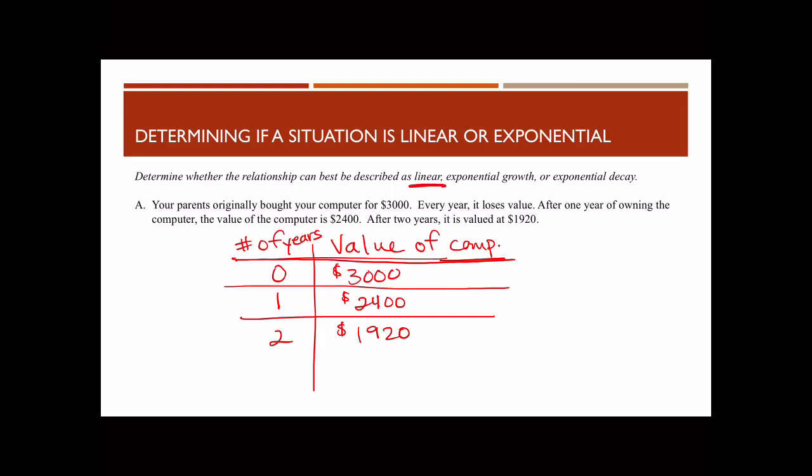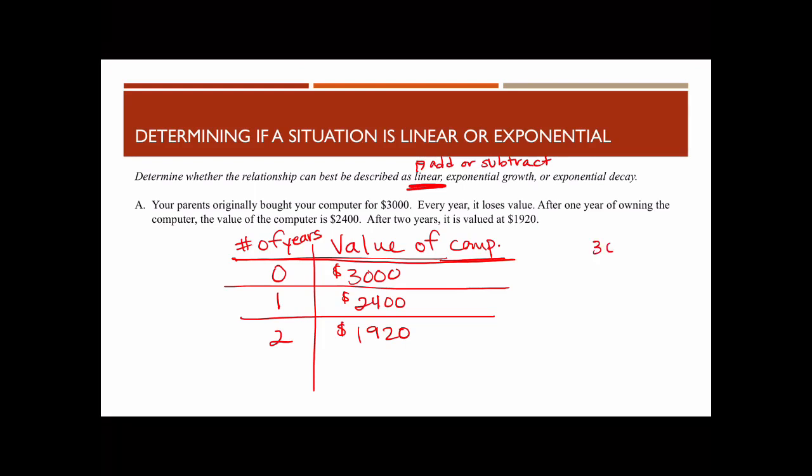So remember what we learned about linear functions? When you look at the y values of a linear function, they're going to either add or subtract by a constant. So the value of the computer is going down, right? It's decreasing. We start at $3,000, we go down to $2,400, and then $1,920. So in other words, can we subtract the same number every time to get the next value?